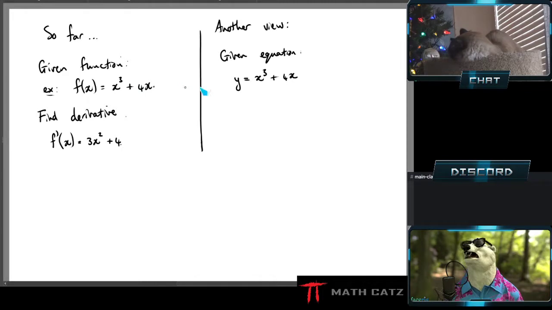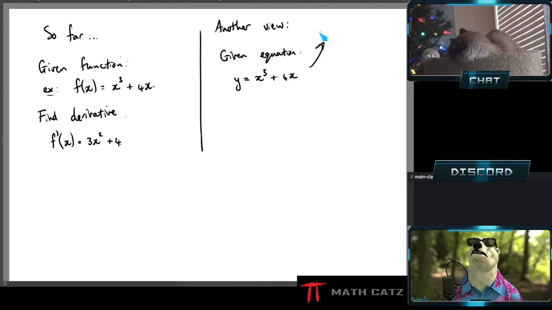It depends on the goals that I have, what I want to do, that I can flip back and forth between these often to suit my needs. So instead of looking at this as a function, I could look at it as an equation.